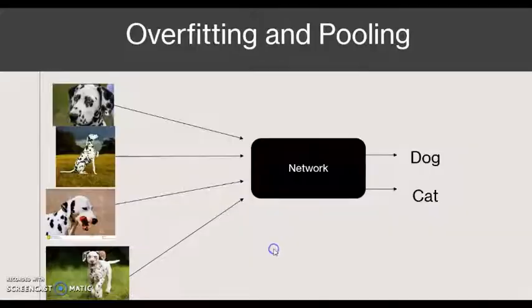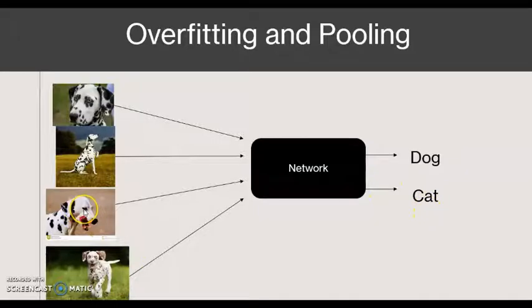Let's talk about overfitting a little bit. Basically, overfitting is a problem in machine learning and deep learning. To understand overfitting, I'll give an example here. Let's suppose we have a network and we are training on our data set. For example, we have two data sets, dogs and cats.